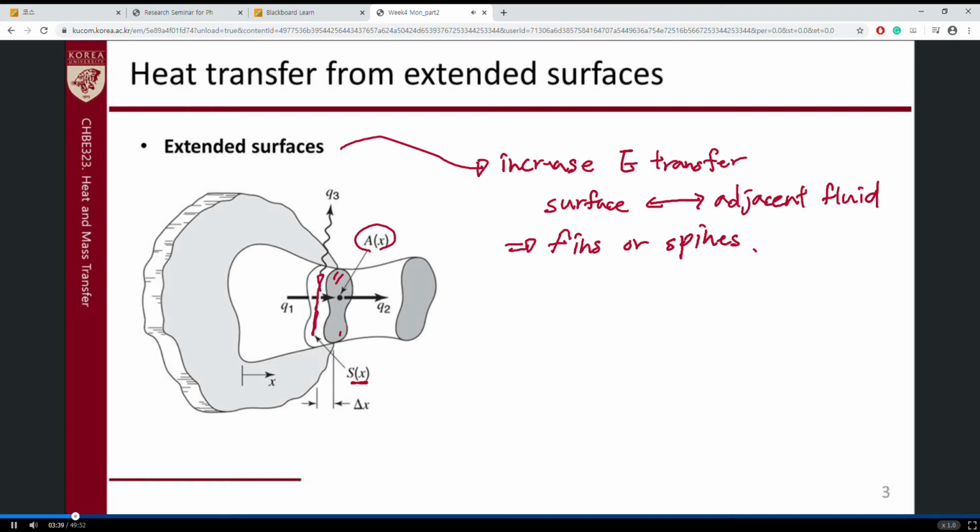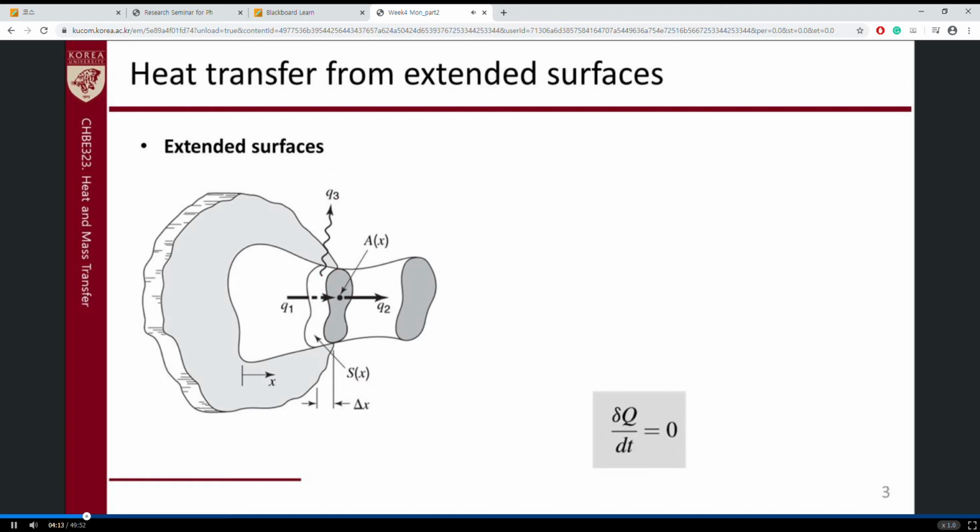In these situations, we can define that there might be heat flux from the original surface via conduction, and we call this Q1. This Q1 will pass through our control volume, and Q2 will be here, right? And during the conduction, there might be convection as well at this surface, right? So we have to consider Q1, Q2, Q3, everything.